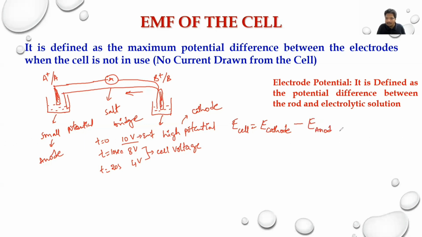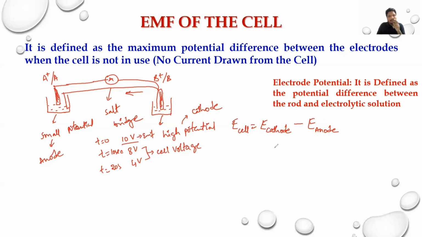Okay, so the E cell of a particular electrochemical cell can be defined as the maximum potential difference between the electrodes in a cell when they are not in use.